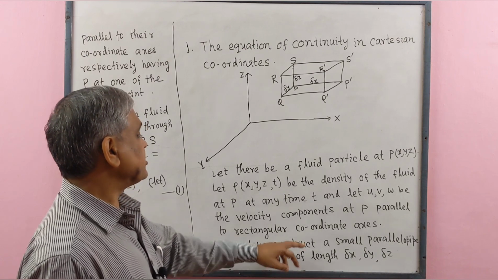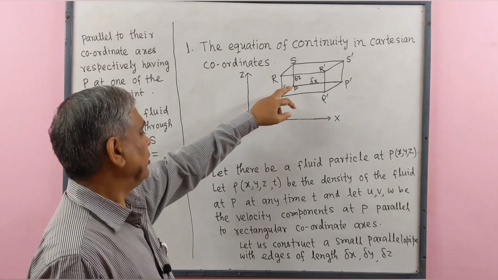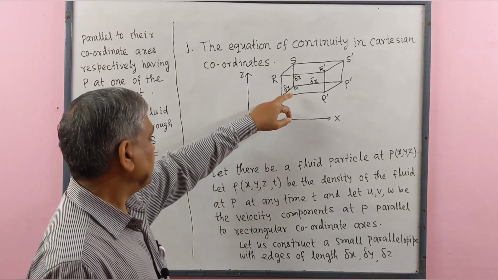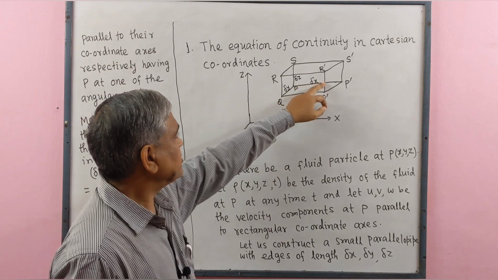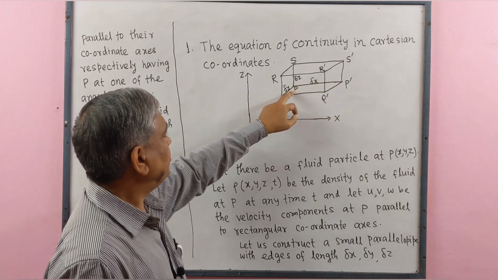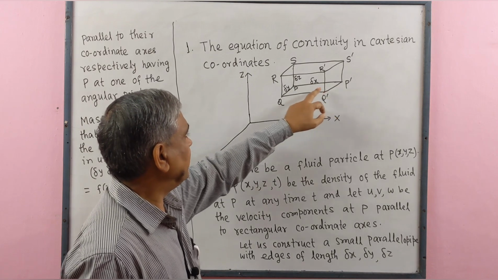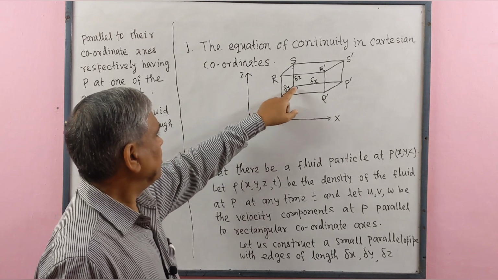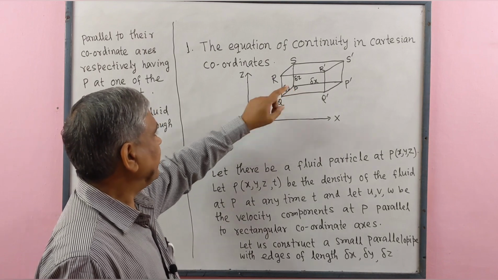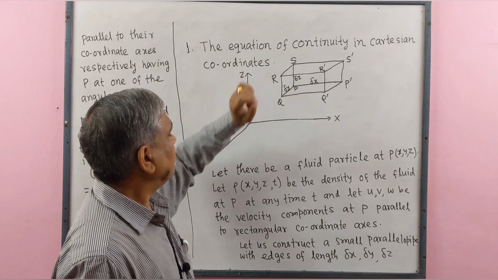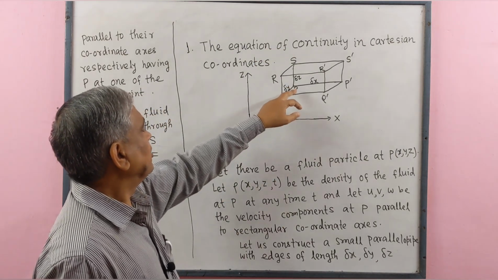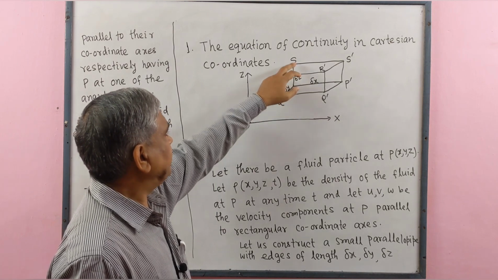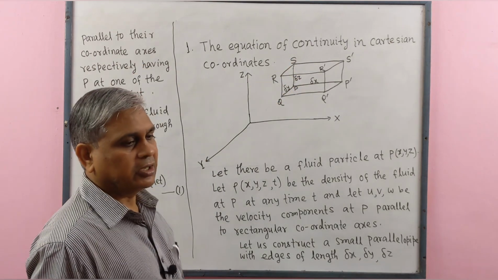Now let us construct a small parallelepiped with edges of length delta x, which is PP dash, this side PQ of length delta y, and this side of length delta z, which is PS.